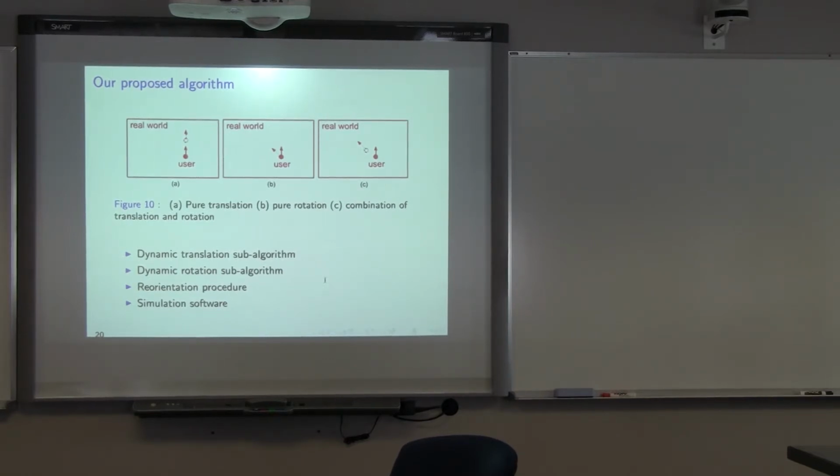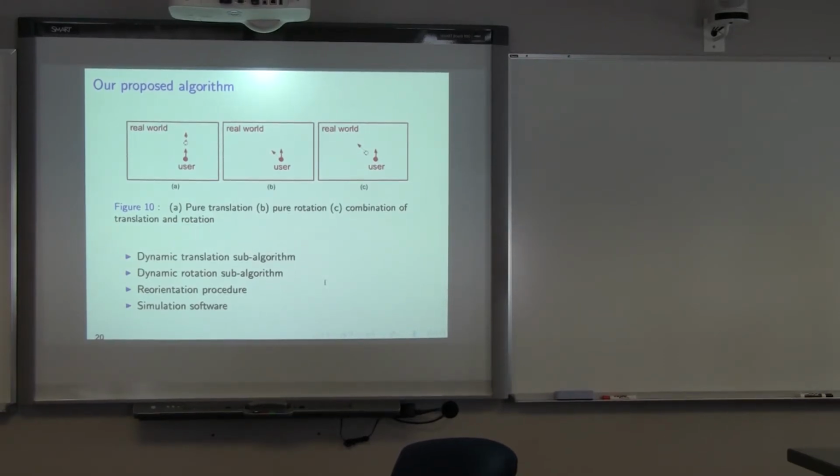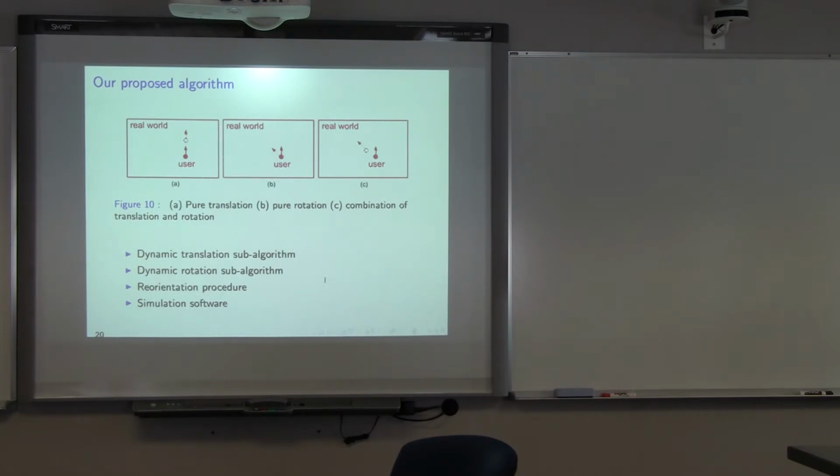Currently, we haven't supported the natural movement, and this is one of my future studies I need to finish for my PhD study. We allow our algorithm to fail for extreme scenarios. When our algorithm fails to redirect the user to make him have a good orientation in the real world, we will call the reorientation procedure as a remedy method.